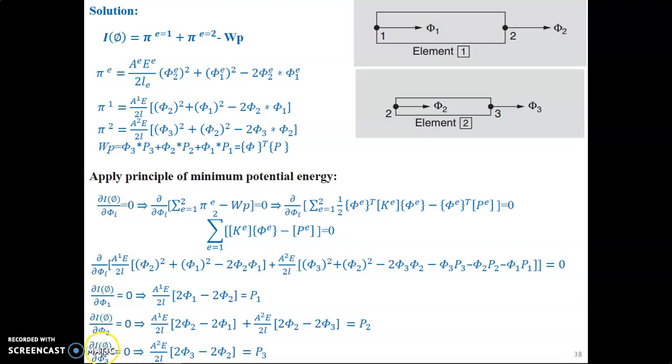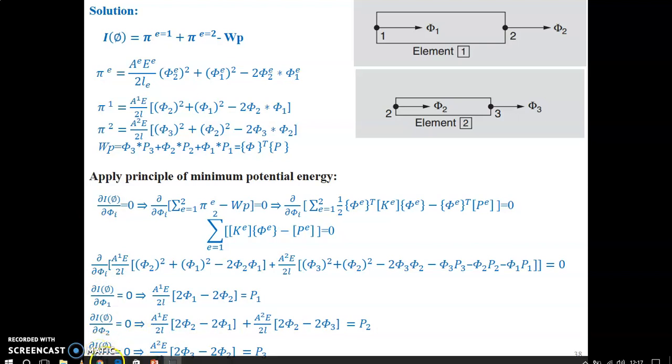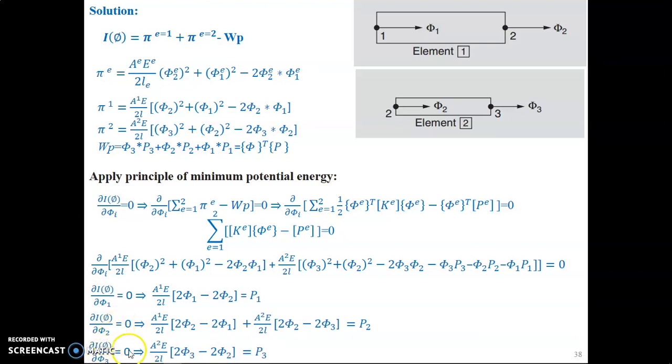And when we differentiate with respect to the displacement at the third node, we will get this expression. So overall we are getting 3 equations, and in each equation the output will be P1, P2 and P3, and phi1, phi2 and phi3 are the displacements at individual nodes.